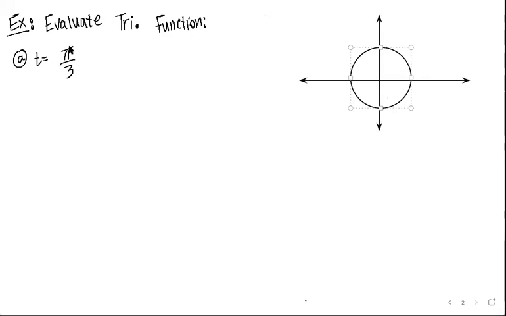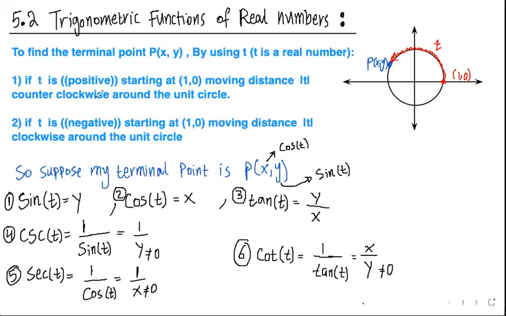Now, t is equal to pi over 3, positive. What does that mean? If t is positive, starting from the point (1, 0), move distance the absolute value of t counterclockwise around the unit circle.